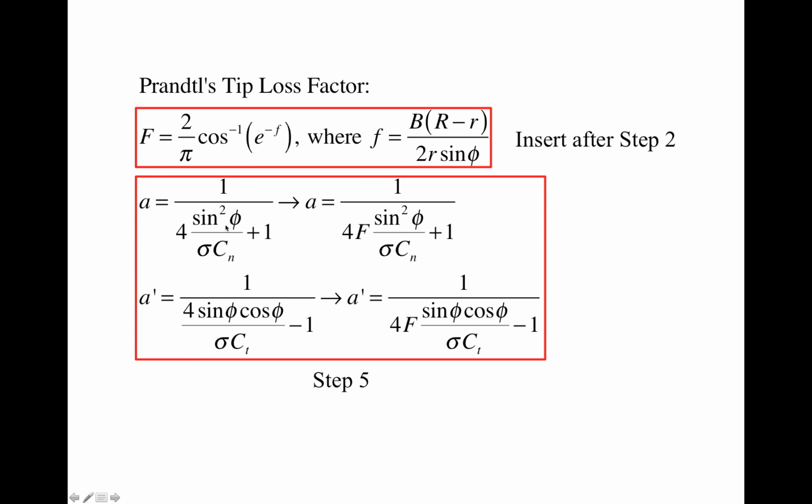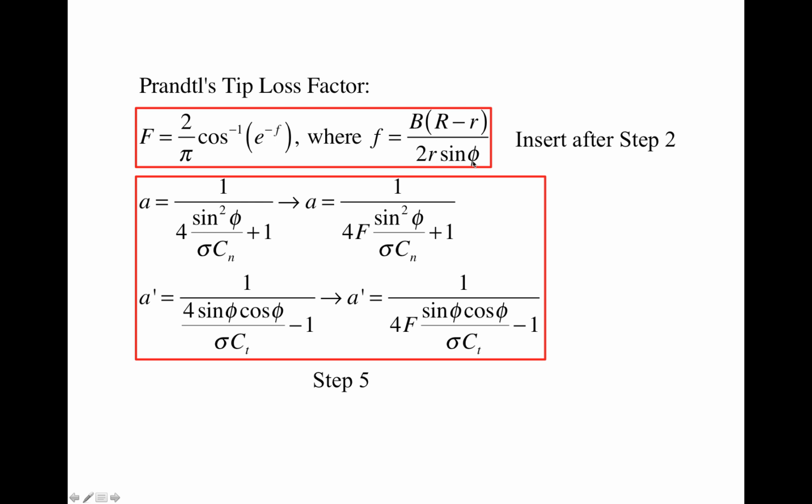But now, if we want to account for Prandtl's tip loss factor, then the axial induction factor has this kind of expression. Instead of a 4, you have a 4f here. And for the angular induction vector, it's a 4f also, instead of just a 4. And f is given by this particular expression, which only depends upon the radius and also phi, the angle phi.